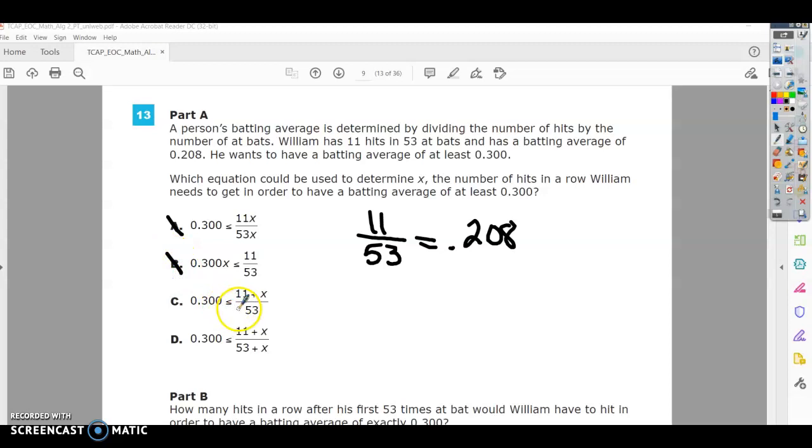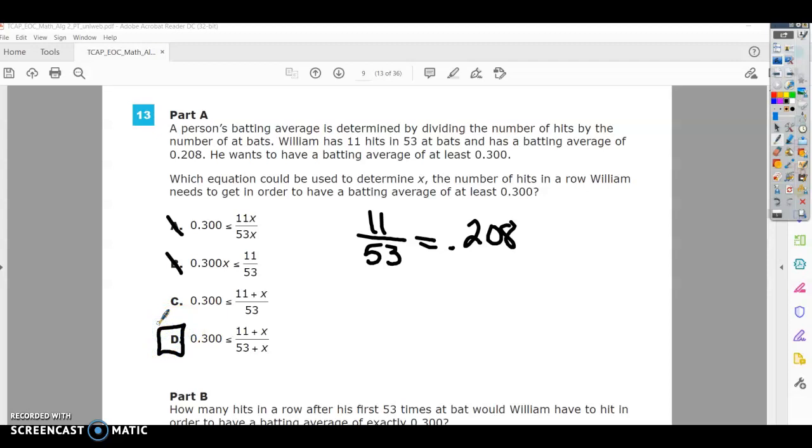And this one is saying that he hit 11 times out of 53 at bat, and we're going to add another hit. Well, we do want to add however many hits we need, but if we add the number of hits, it's also going to add the total number of times at bat. So the only one that makes sense is D.